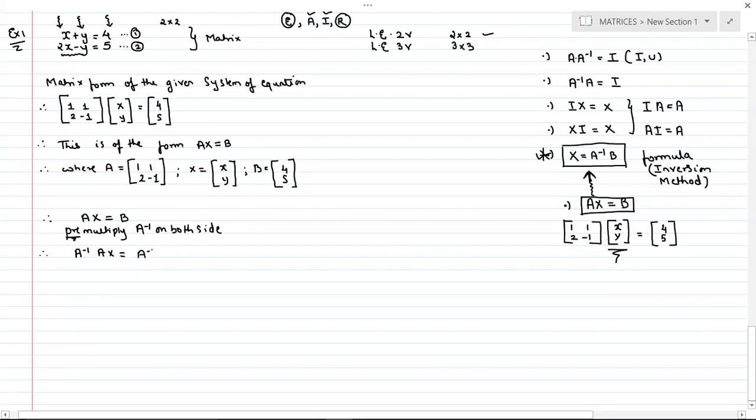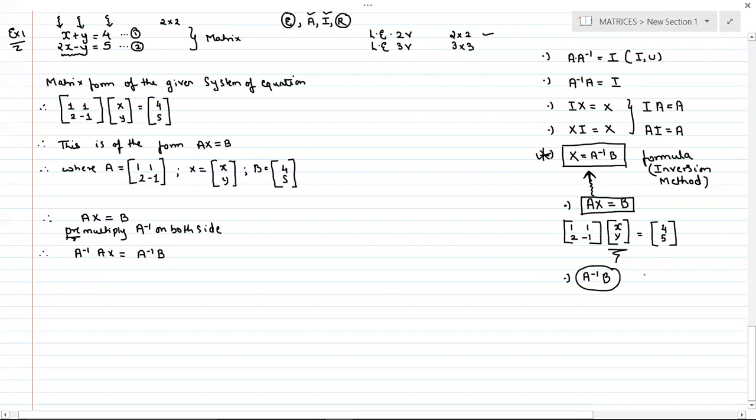Pre means prefix, first. Don't do a direct multiply of A inverse on both sides. You have to write pre-multiply, because the final answer, the backside answer, is with respect to A inverse B.